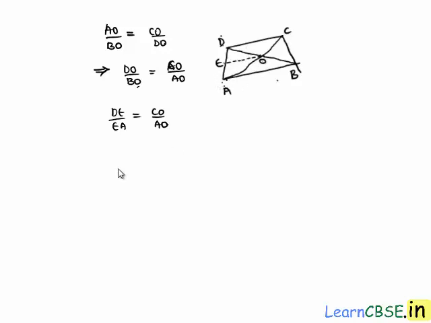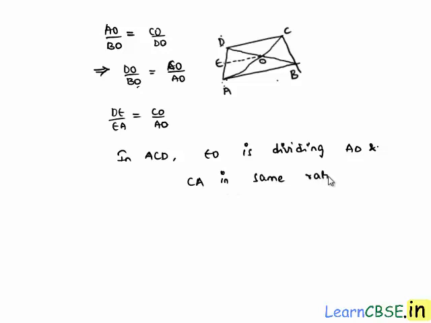Now, in triangle ACD, the line segment EO is dividing AD and CA in the same ratio. So, from the converse of the basic proportionality theorem, we can say that EO is parallel to CD.